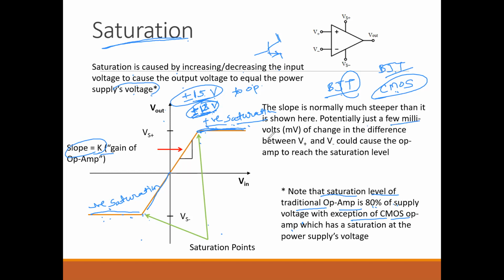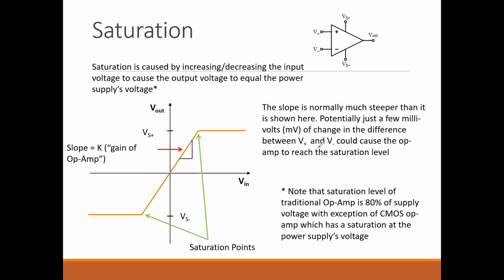Potentially just a few millivolts of change in the difference between these inputs V plus and V minus can cause the op-amp to reach the saturation value. So if there is a change in values of plus and minus input voltages, that means inverting and non-inverting values, then a small change in these input values, their difference, will cause the op-amp to reach its saturation value.